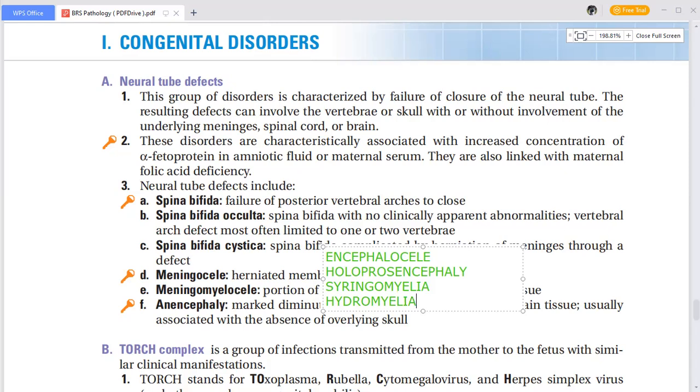So what is encephalocele? We've talked about it. We've defined encephalocele. I've already described what encephalocele is.